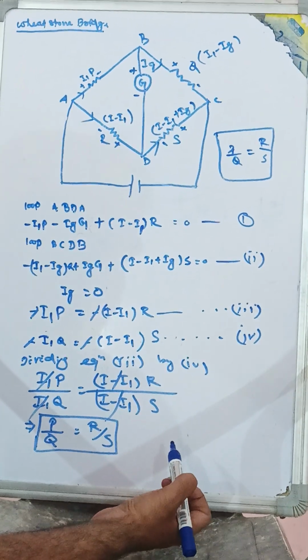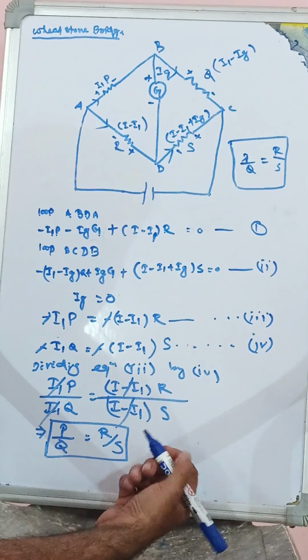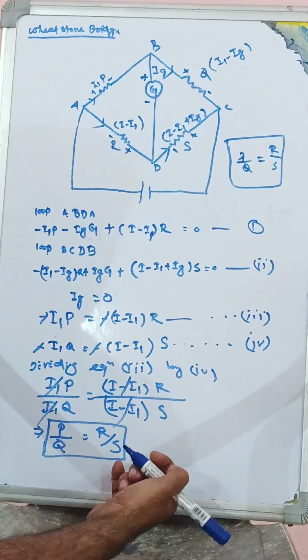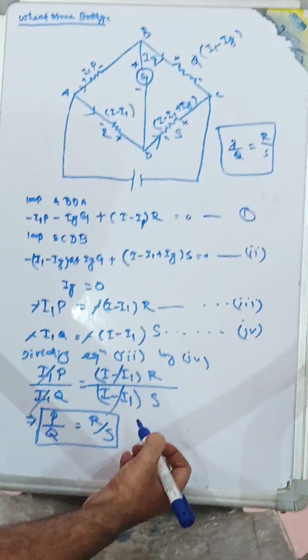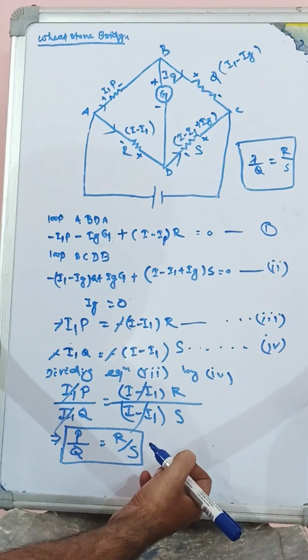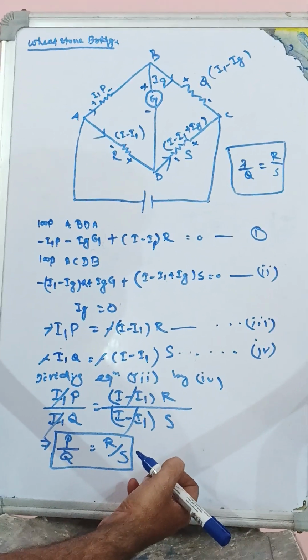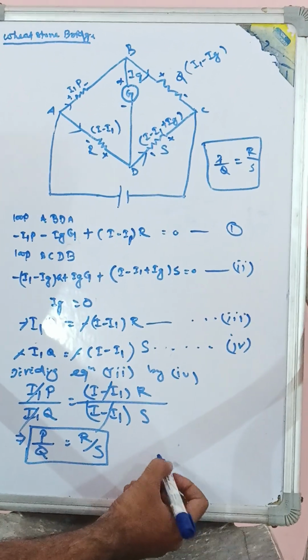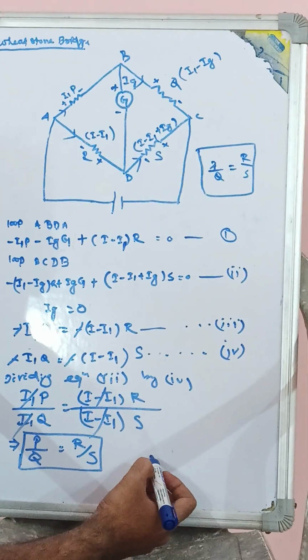What is Wheatstone bridge? Once again I repeat the definition. The Wheatstone bridge is an electrical circuit that uses two legs of a circuit and measures the unknown components.